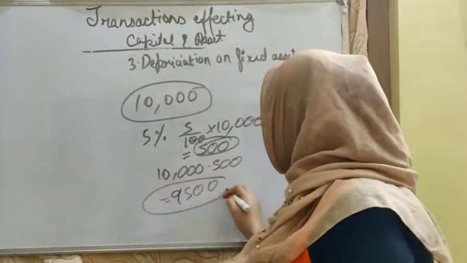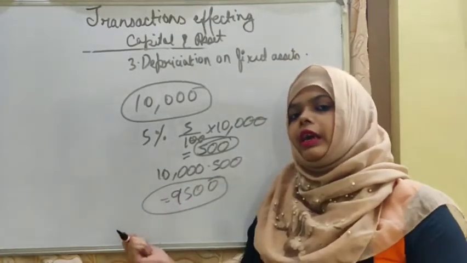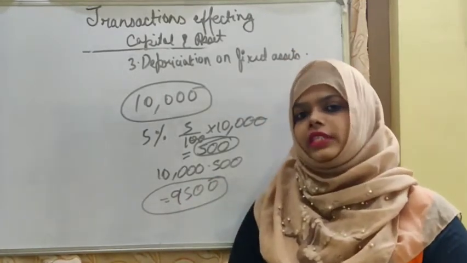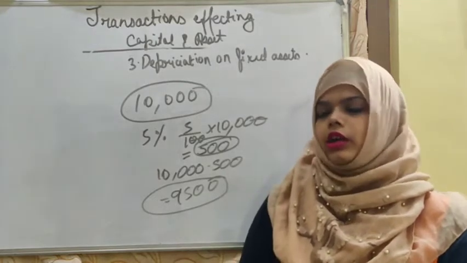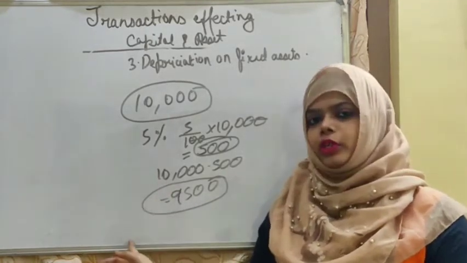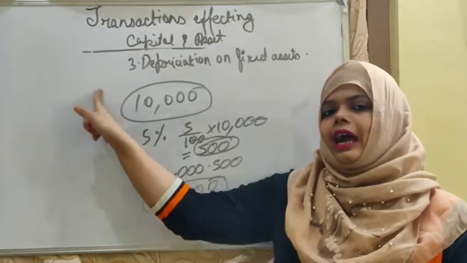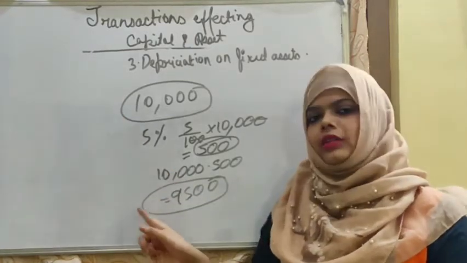So this 9,500 is my depreciated value of the fixed asset after 1 year.